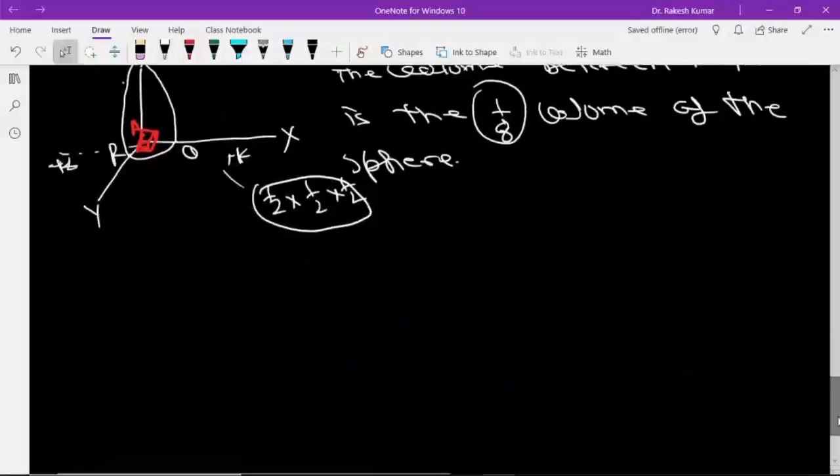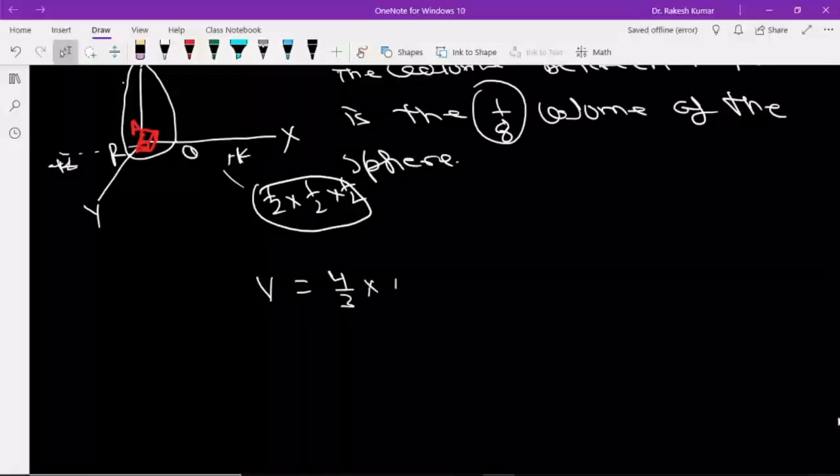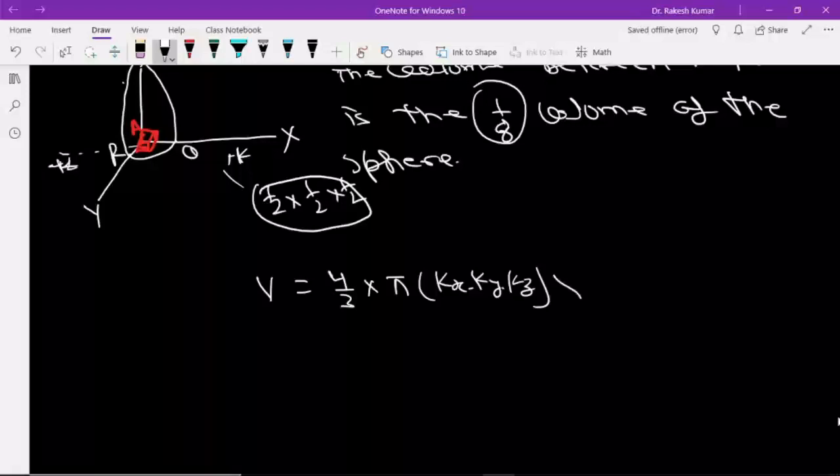So now we know the volume of sphere, which is equal to 4 by 3 into pi into kx, ky and kz. Here we have to divide this volume by 8, or multiply by 1 by 8.